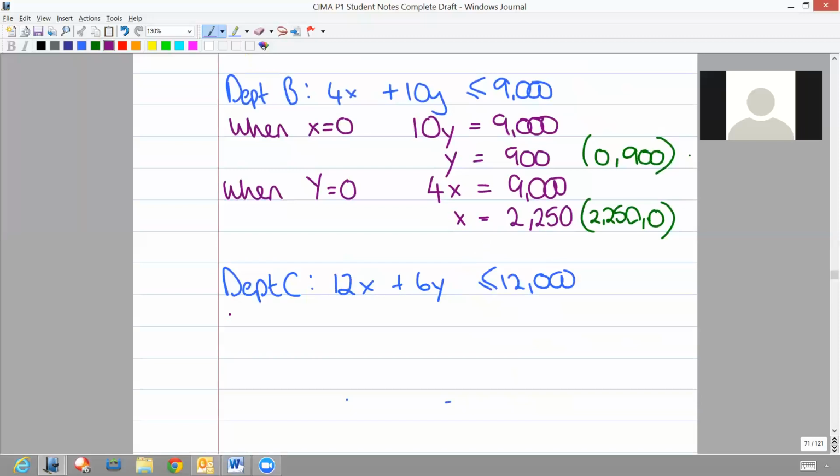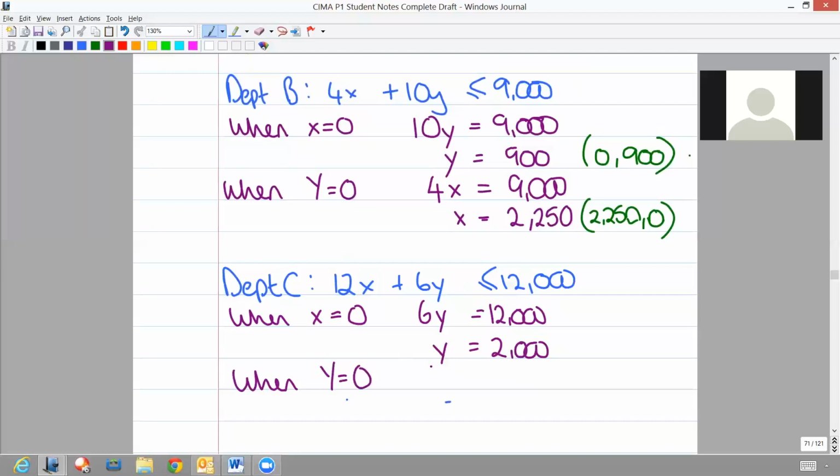So we then say, when x equals 0, 6y equals 12,000, therefore y equals 2,000. However, if we flip that round, when y equals 0, then 12x must equal 12,000, therefore x is 1,000.